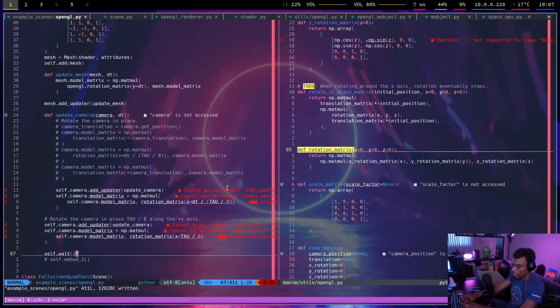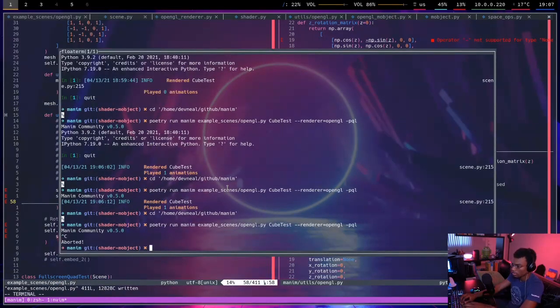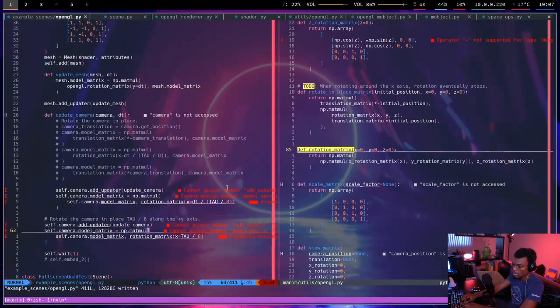Now, when this reaches 1 second, we'll have completed this rotation by tau over 8, I think. And I don't see anything. And why is that?